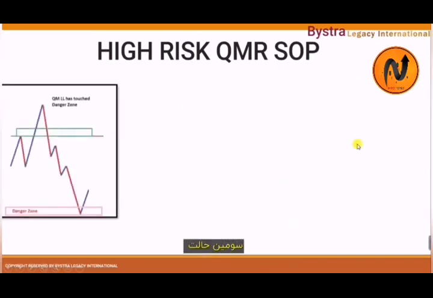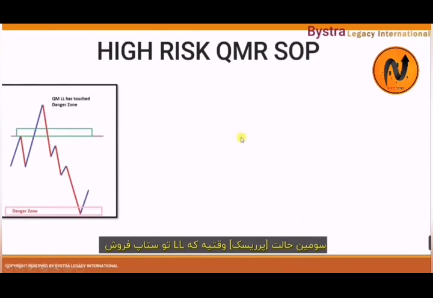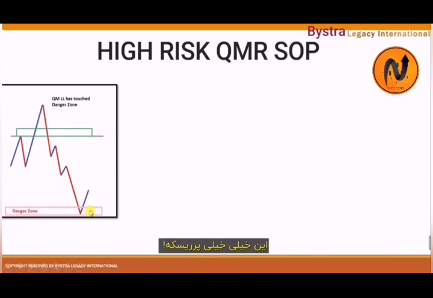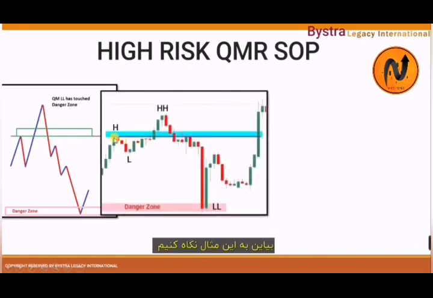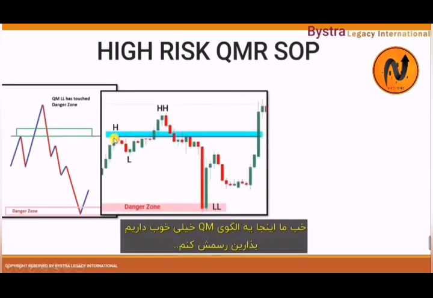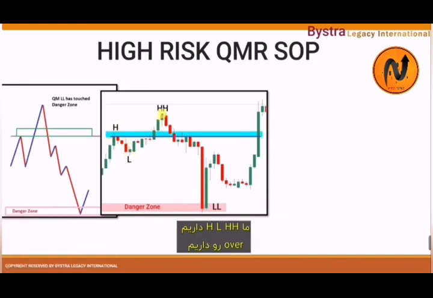The third one is when the lower low for the sell setup has touched the danger zone. Now this is super high risk. Let's look at one of the samples here. We have a very nice QM pattern. Let me draw this out. We have the high, low, higher high. We have the over, and the lower low, we have the under.